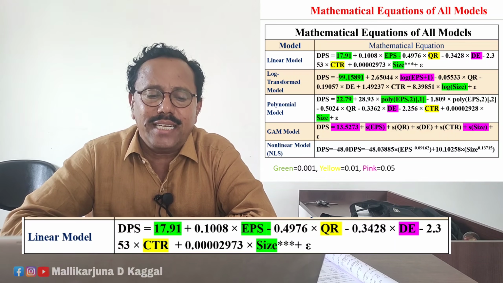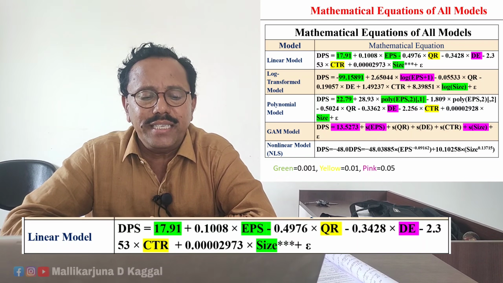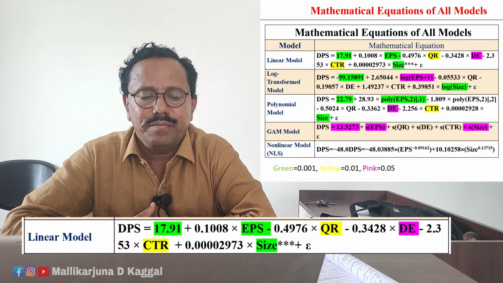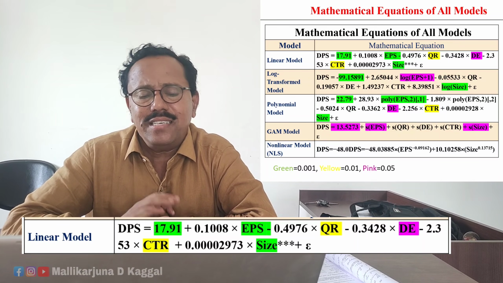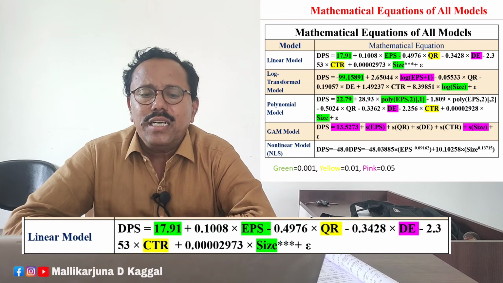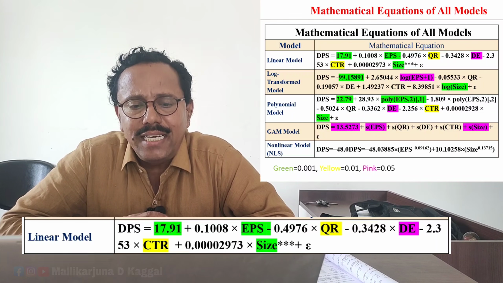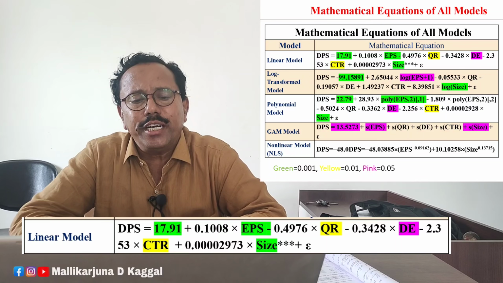Yellow color says that it is very significant. Most excellent significant is green, very significant is yellow, pink is significant. Now here EPS and size are the most significant variables in contributing to DPS.